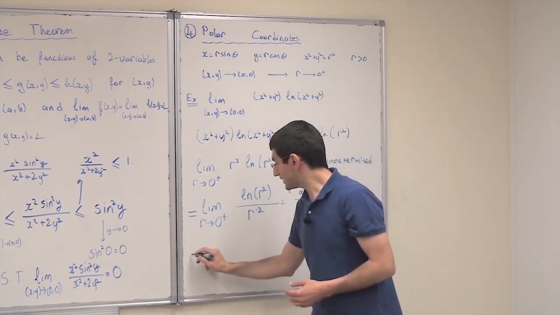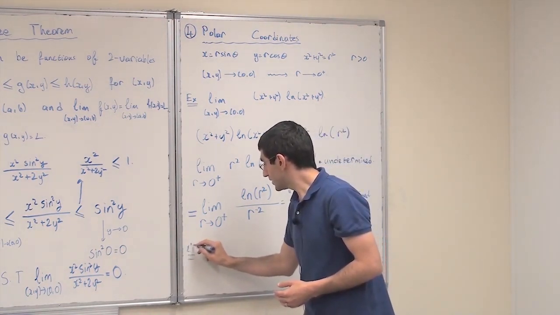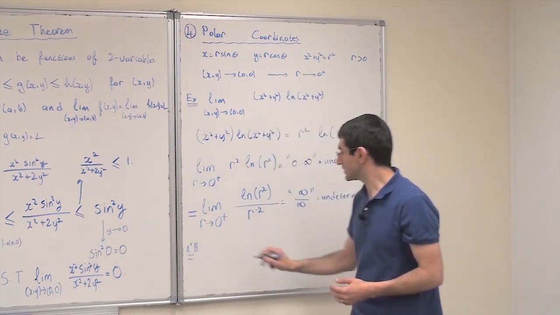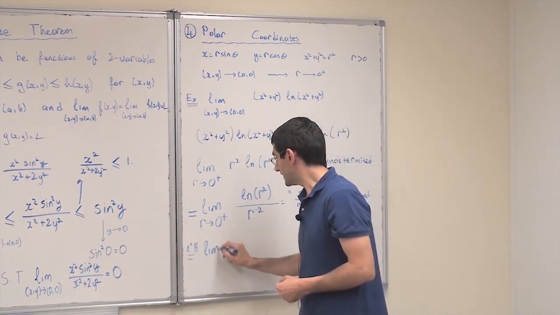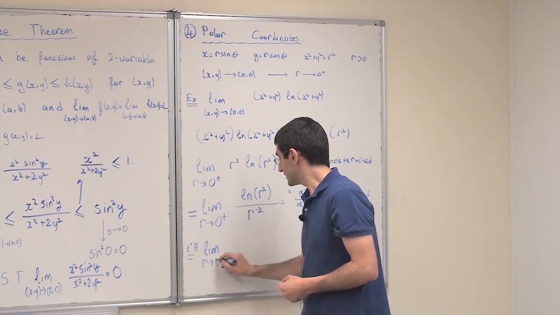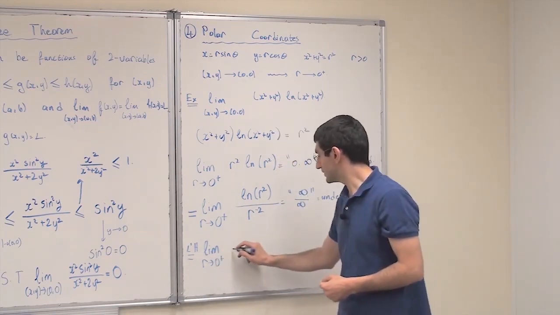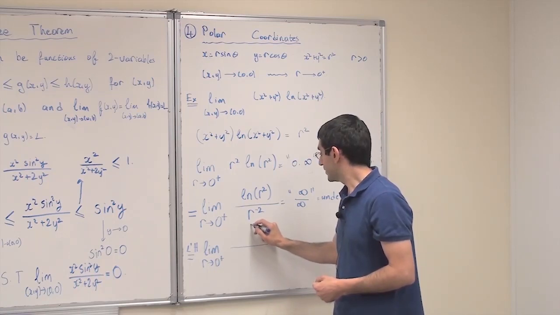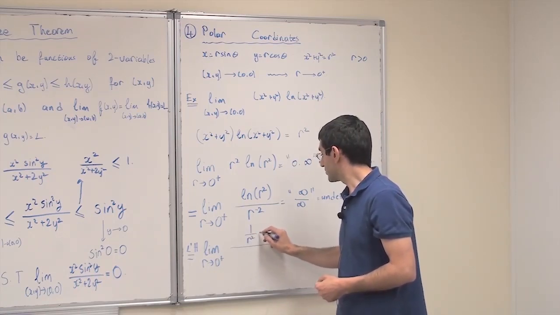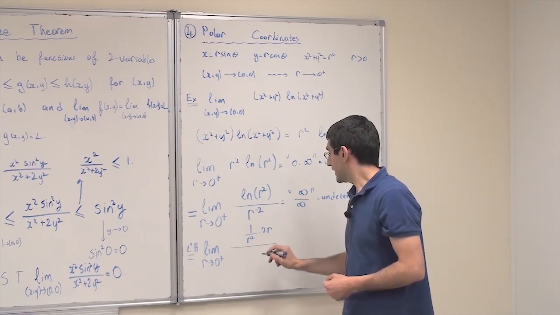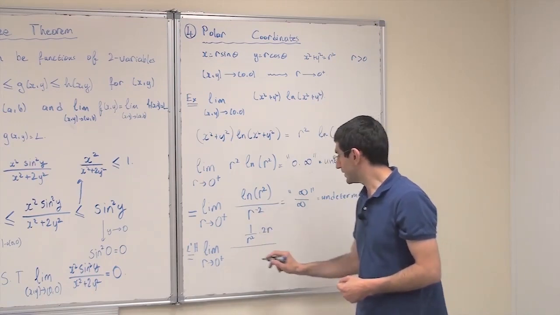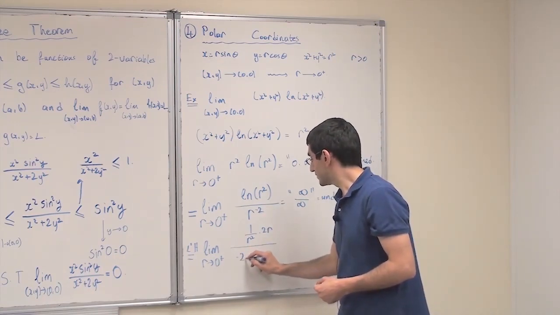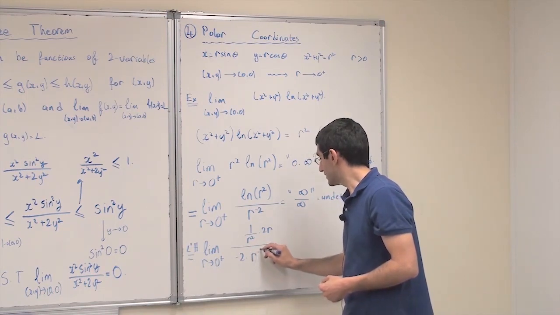And to evaluate such undetermined forms, we use L'Hopital's rule. So I differentiate the numerator and the denominator. Here we are going to have 1 over r squared times 2r, and the derivative of the denominator will be negative 2 times r to the power negative 3.